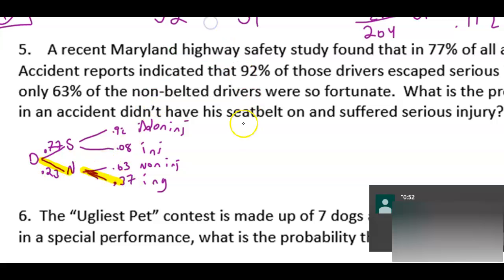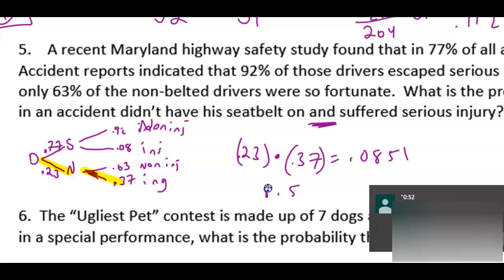So that gives us 0.23, and it's multiplication, 0.37. And that's going to give us 0.0851 or 8.5.